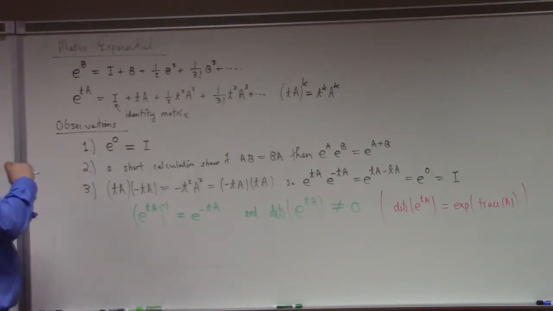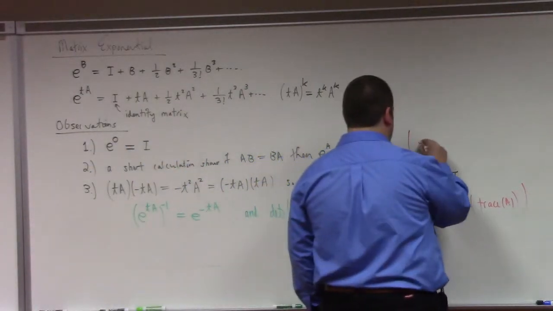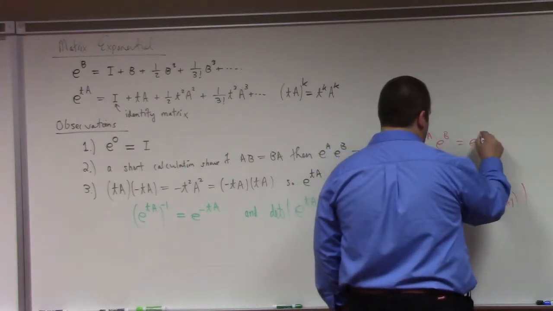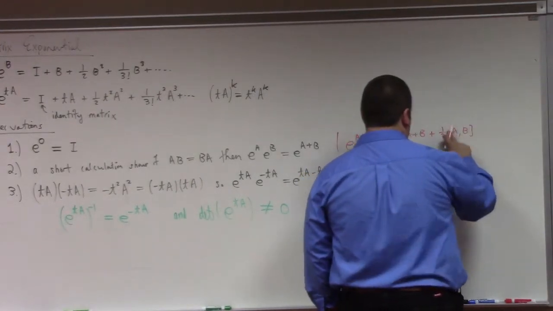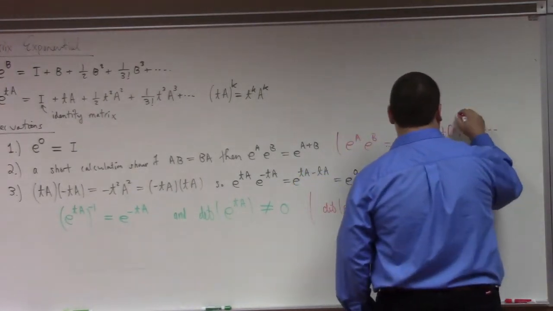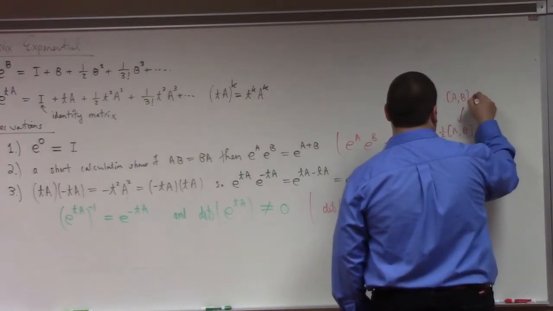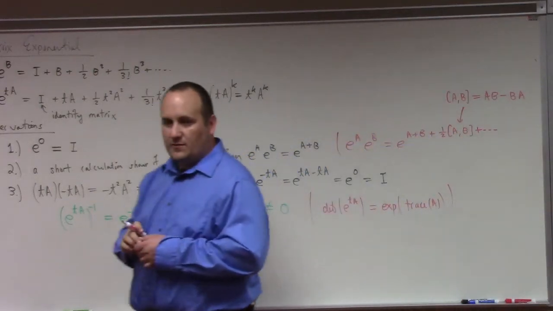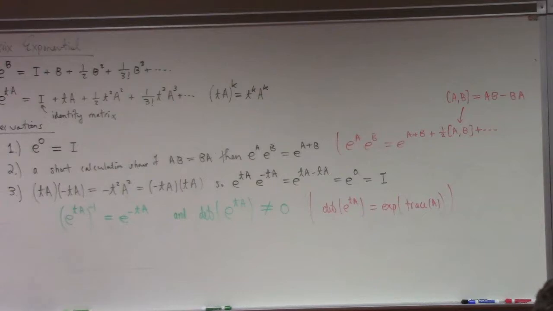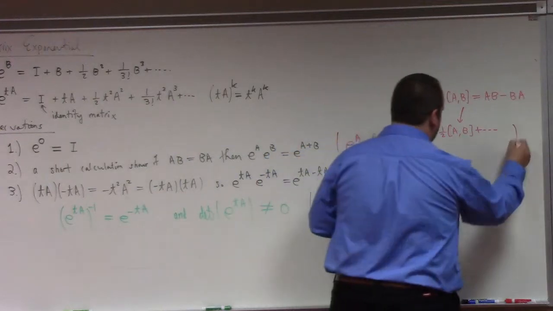There's also a generalization of part 2: if A and B don't commute, more generally e to the A times e to the B is equal to e to the A plus B plus 1/2 the commutator of A and B, plus more terms. So knowing how matrices commute is what you need in order to multiply their exponentials. What I just wrote in red is just for your information. You can ignore it if you want, but these formulas are really important to quantum mechanics and further physics.